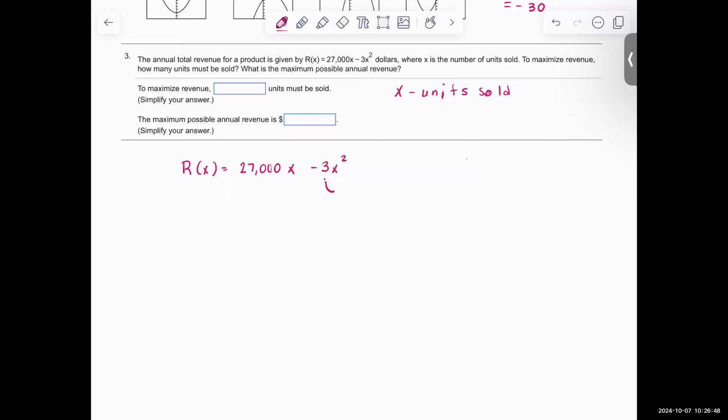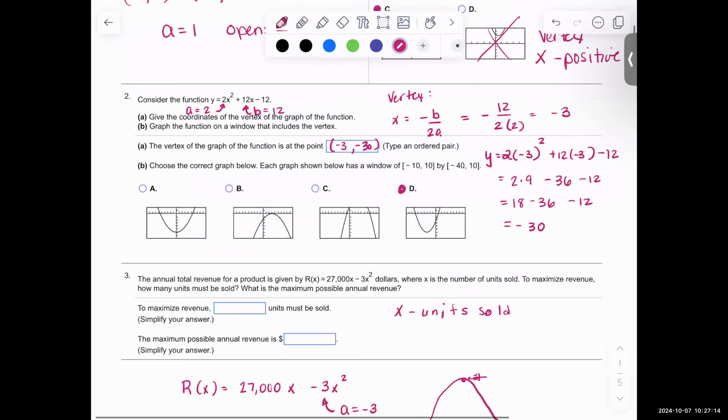So the number in front of the x² is a, and that is equal to -3. And since that is negative, this is a parabola that opens down. And so the maximum occurs at the vertex.